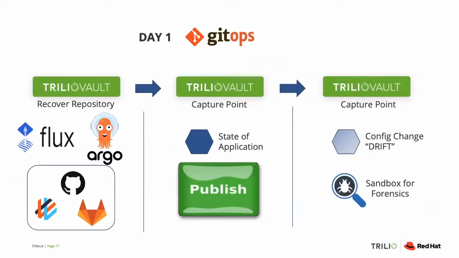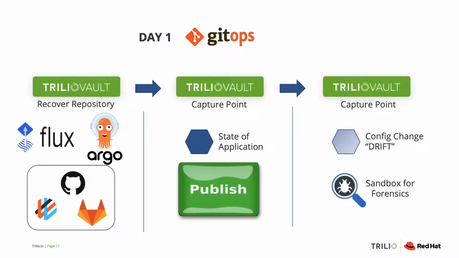From a day one perspective, this is when you are running in production, making sure that you are protecting your infrastructure components, whether it is the GitOps pipelines, monitoring tools, or logging tools. All of that can be protected.